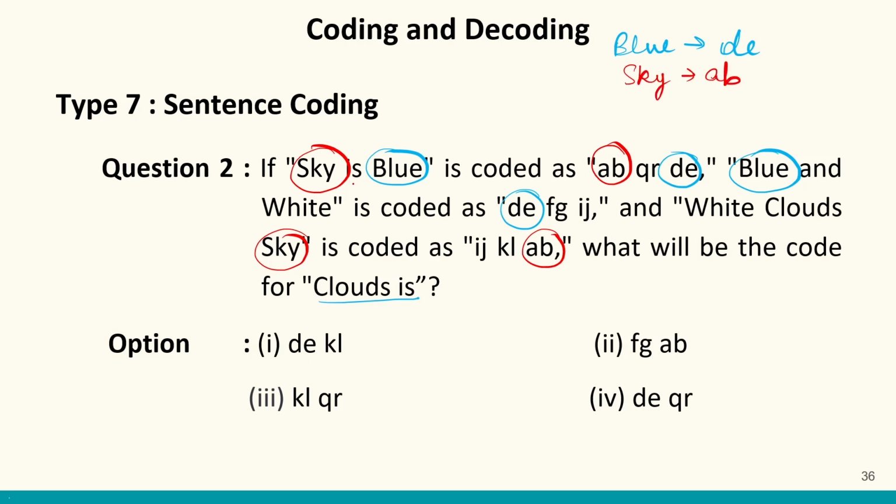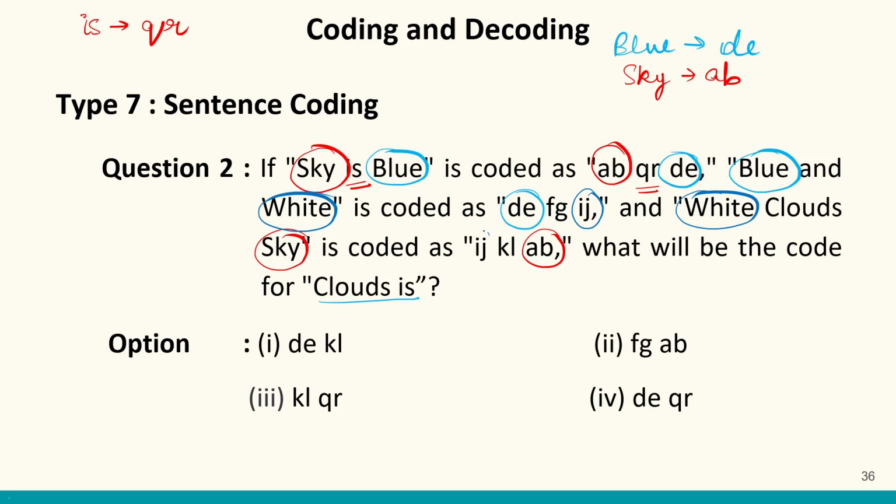Now in this sentence, the only word that remains is is, and the only code that remains is QR. So automatically the code for is QR. Now for clouds, I can here see we have blue and white. This is the sentence. And over here we have white clouds, sky. So the only common word I can see in these two sentences is white. White is the only common word. And the code is DEFGIJ and the code is IJKLAB.